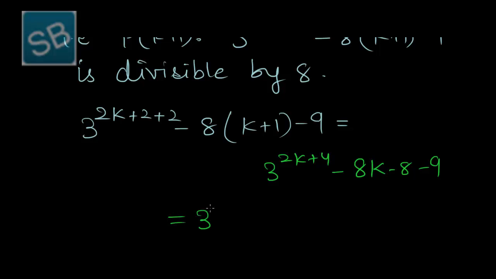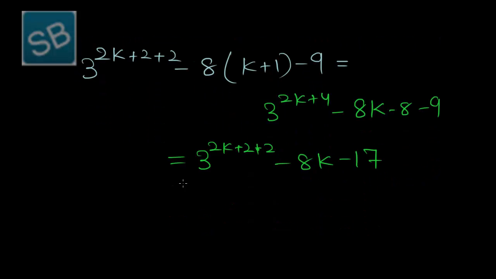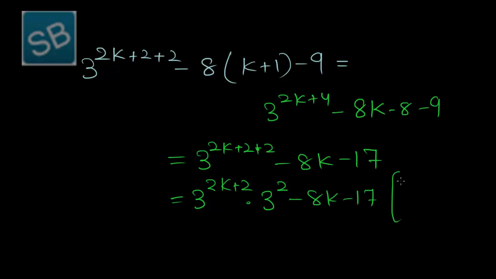Or we can write 3 raised to power 2k plus 2 plus 2 minus 8k minus 17. We can write it as 3 raised to power 2k plus 2 into 3 square minus 8k minus 17, because we know that x raised to power a into x raised to power b is equal to x raised to power a plus b.